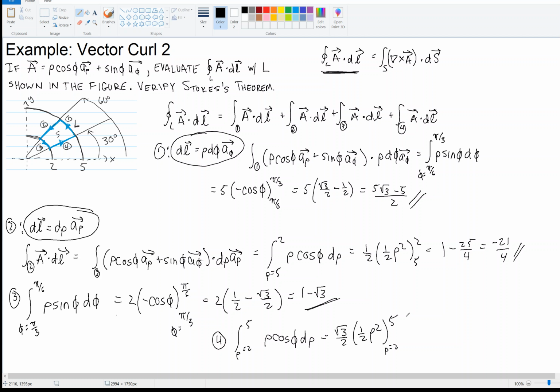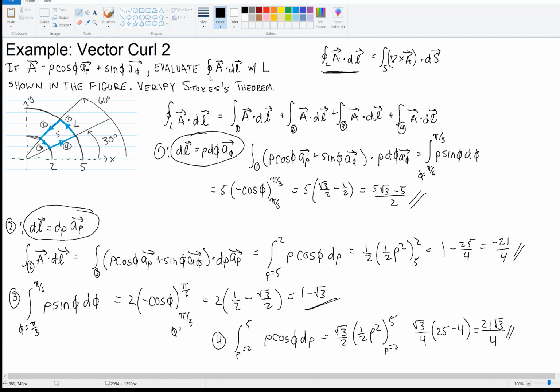So we've got the square root of 3 over 2 times 1/2, so square root of 3 over 4, and then I've got 25 minus 4. So 25 minus 4 is 21, so this is 21 square root of 3 over 4. Phew.